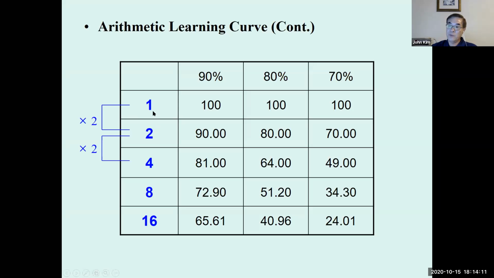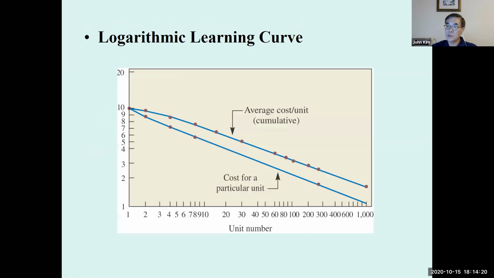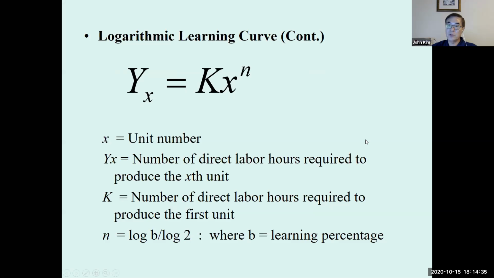But if we know only the first one and the learning percentage, then we get 2, 4, 8, and so on. But if we use the logarithmic learning curve, then we can get any unit number's price, cost, and time using this formula.